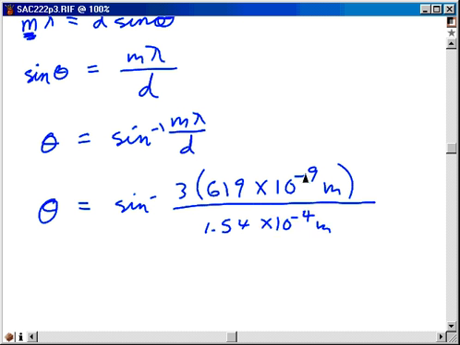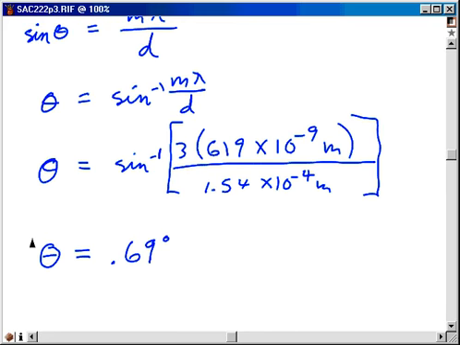And this turns out to be a very small number, 10 to the -9th up top and 10 to the -4th on the bottom. So there's no problem at all in taking the arcsine of it. And indeed, the angle itself is small. Rounded to 2 sig figs, theta turns out to be 0.69 degrees.